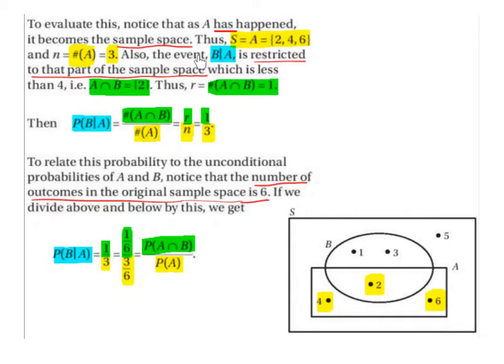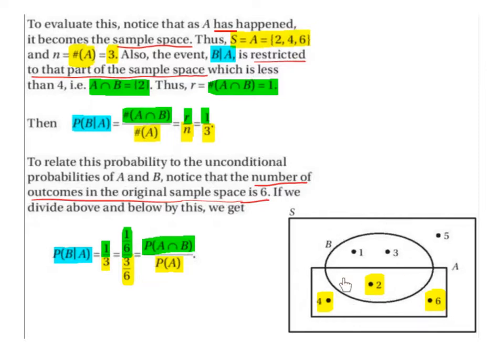Also, the event B given A is restricted to that part of the sample space which is less than 4, i.e., the intersection of A and B, which is 2. So remember, set A, which is now the sample space, are the elements that are even numbers.